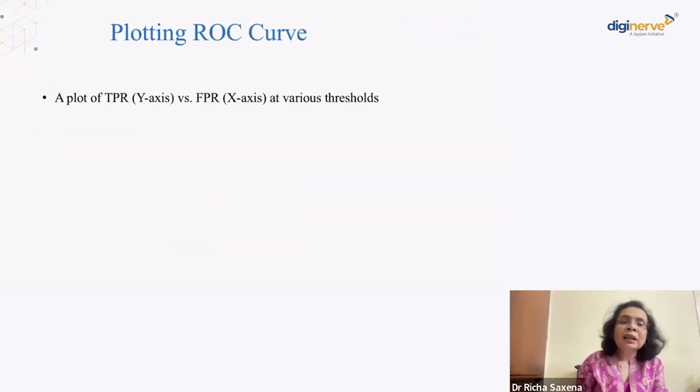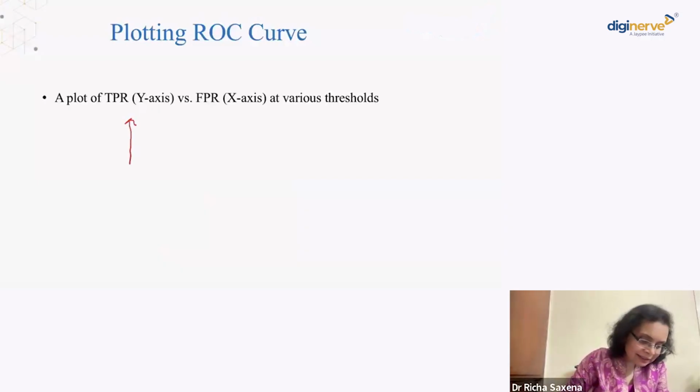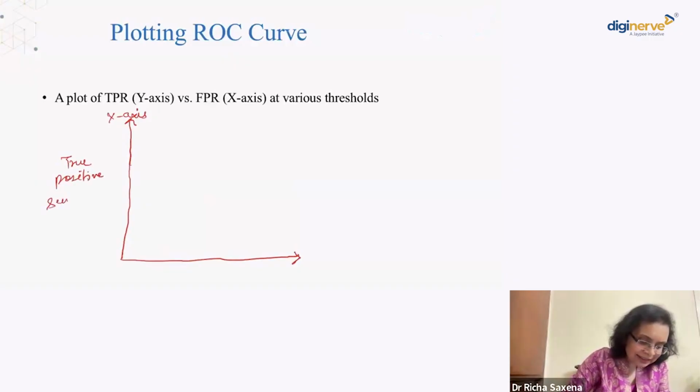An ROC curve will have a y-axis and an x-axis. The y-axis represents the true positive rate, which is also the sensitivity.